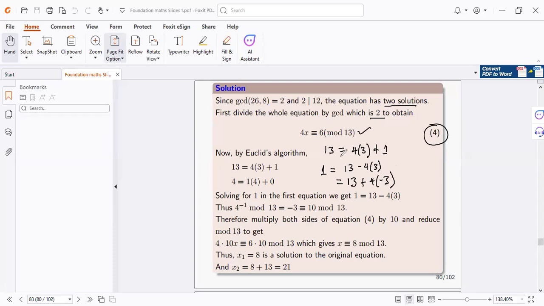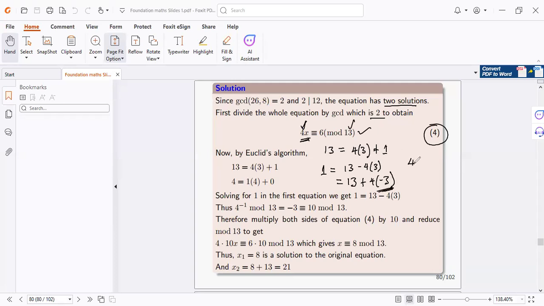And so I want the negative to be with the 3, not 4, because 4 was positive. So 4 has a positive sign, and the 13 also has a positive sign. And so what that then means is that the inverse of 4 is that number which I'm multiplying by 4 here.